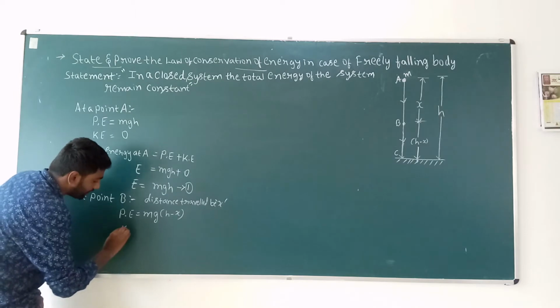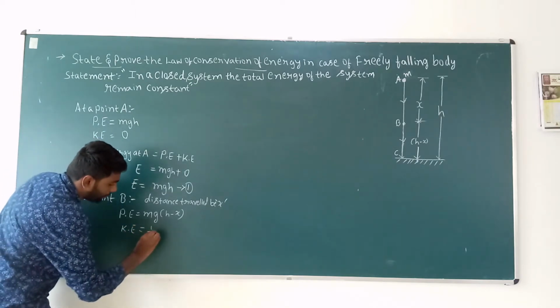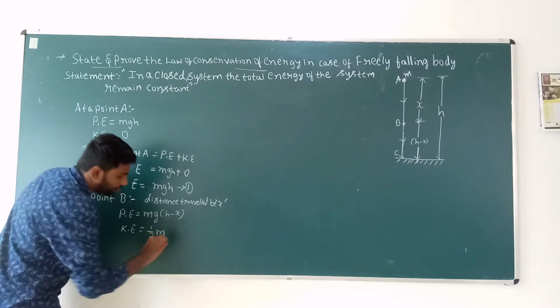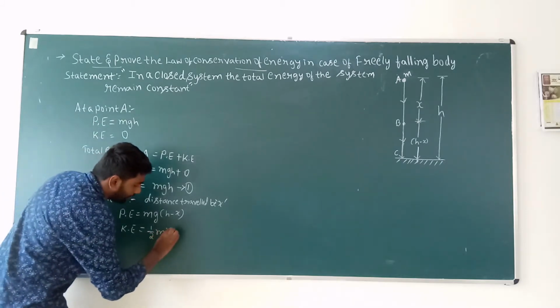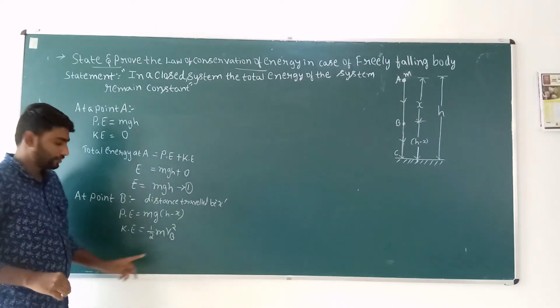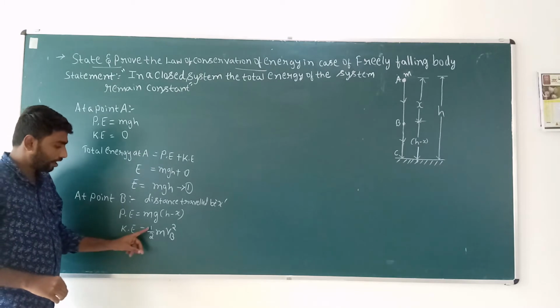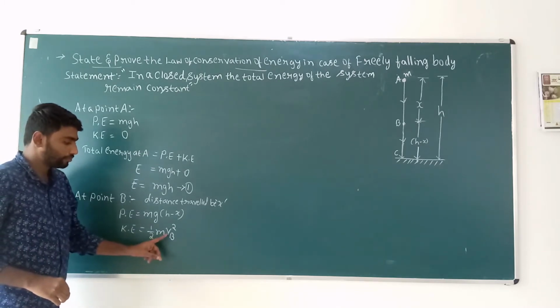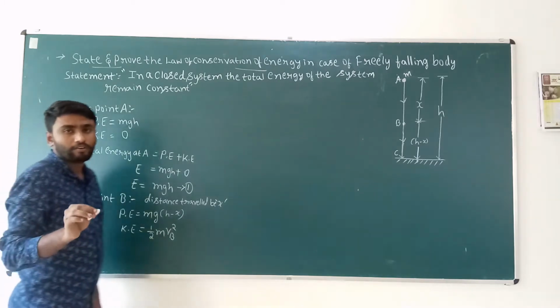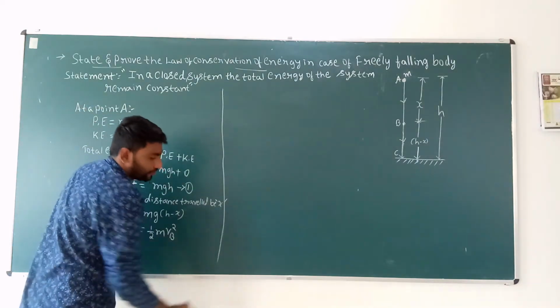At point B, the kinetic energy is half m vB square.